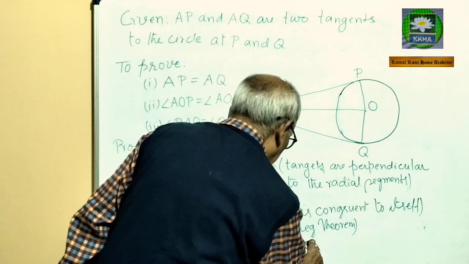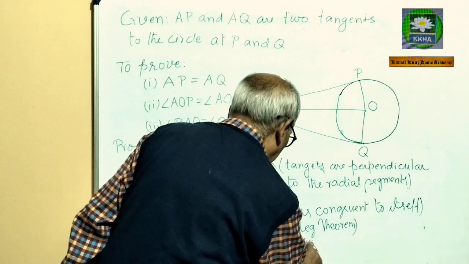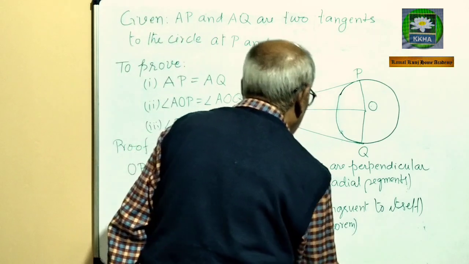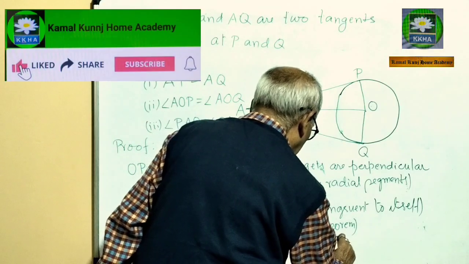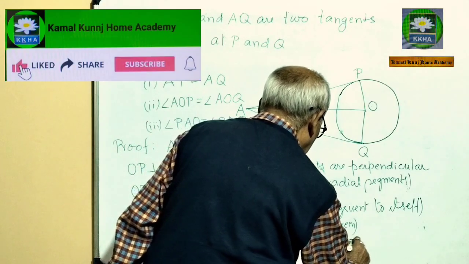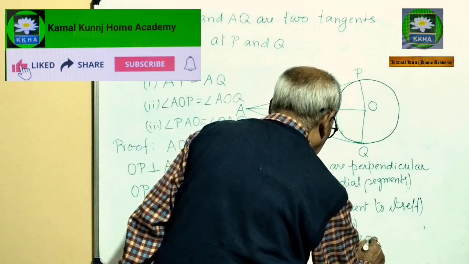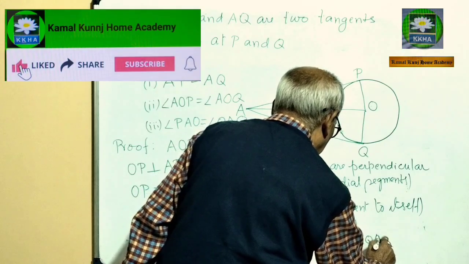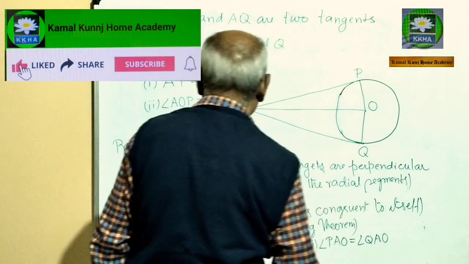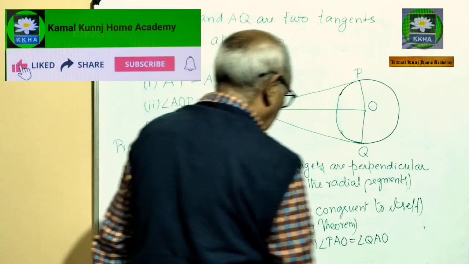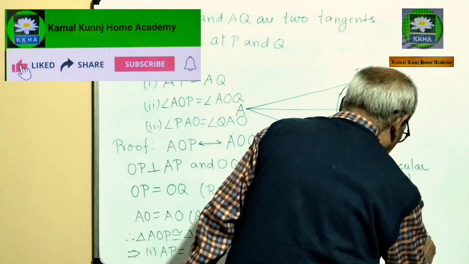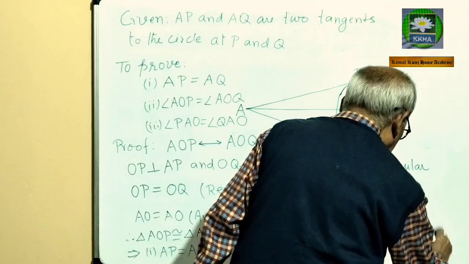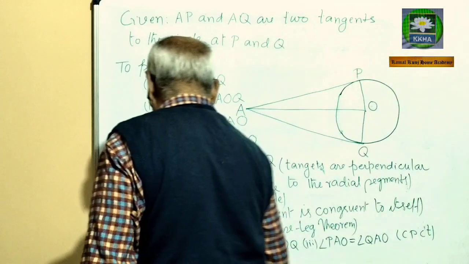And third, angle PAO is equal to angle QAO. These are congruent parts of congruent triangles, hence they are equal.